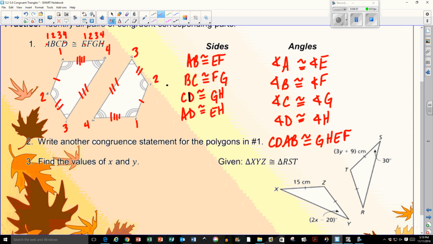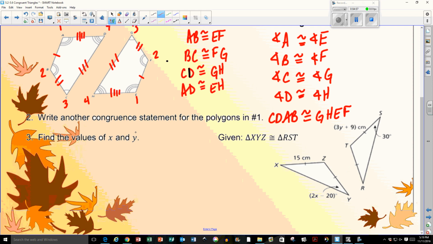Now on this one, let's find the value of x and y. Since I've got 1, 2, 3 and 1, 2, 3, XYZ goes with RST. Side 1, 2 goes with 1, 2, and I don't have any information about those.